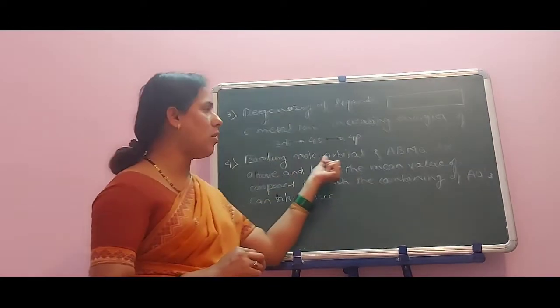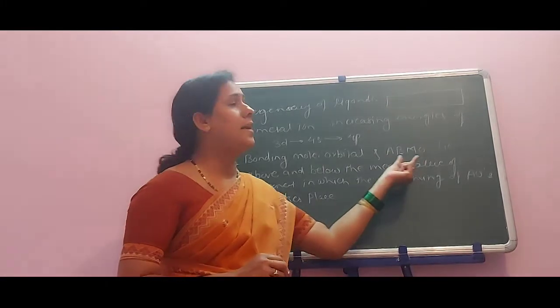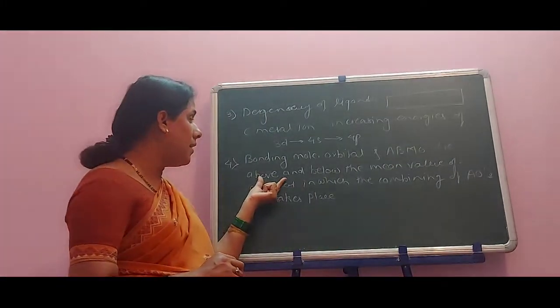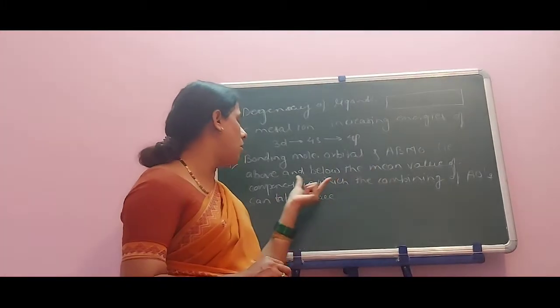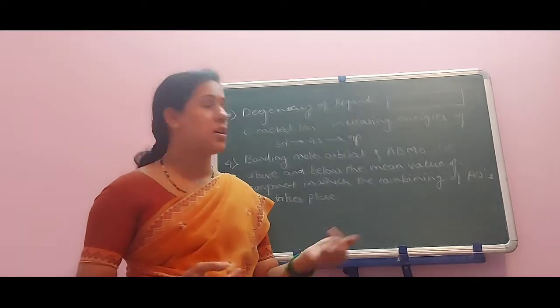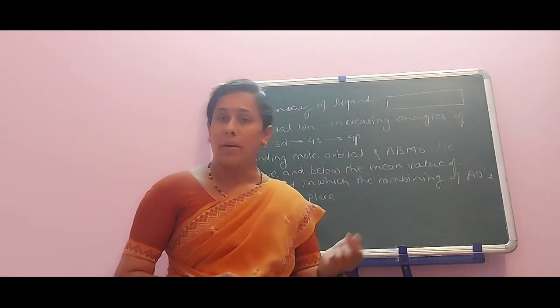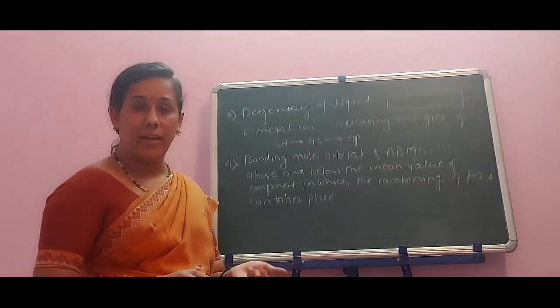That is, the bonding molecular orbital, BMO, and antibonding molecular orbital lie nearly above and below the mean value of the components in which combining atomic orbitals can take place.